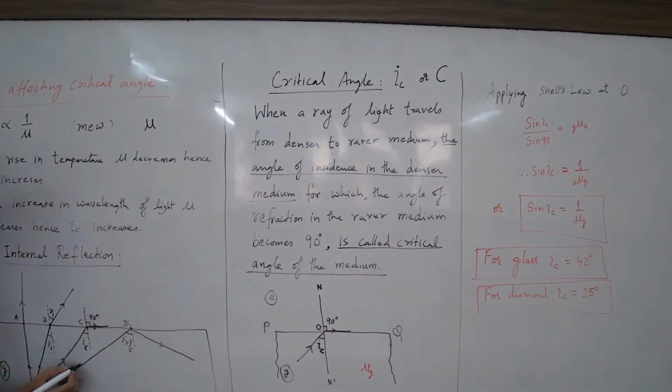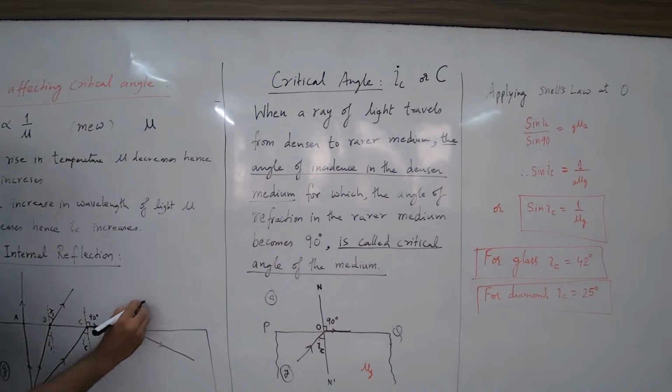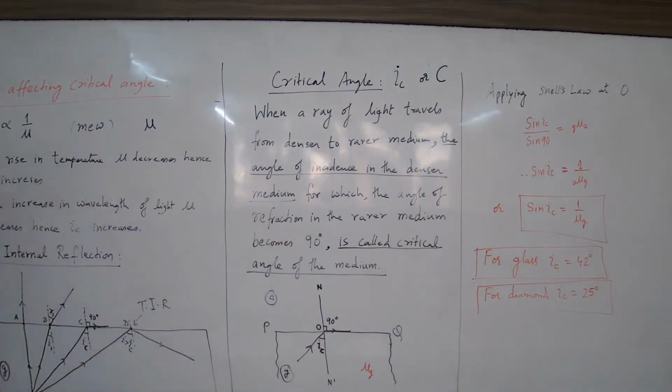Now the light is reflected in the same medium. Whenever the angle of incidence in the denser medium is greater than the critical angle, the light suffers what is called total internal reflection. Got it? So this is the phenomenon of total internal reflection.